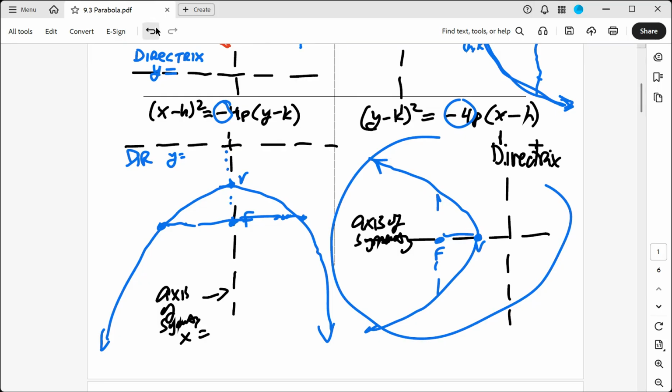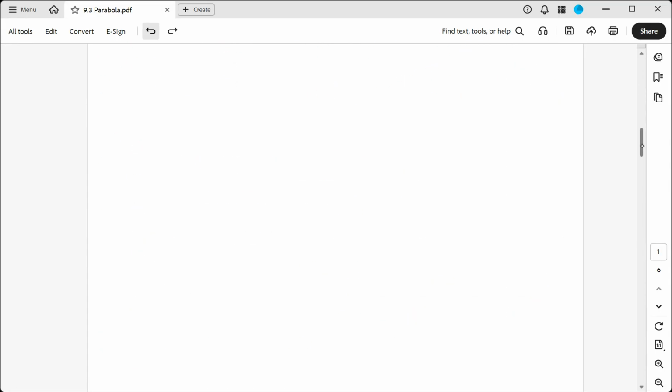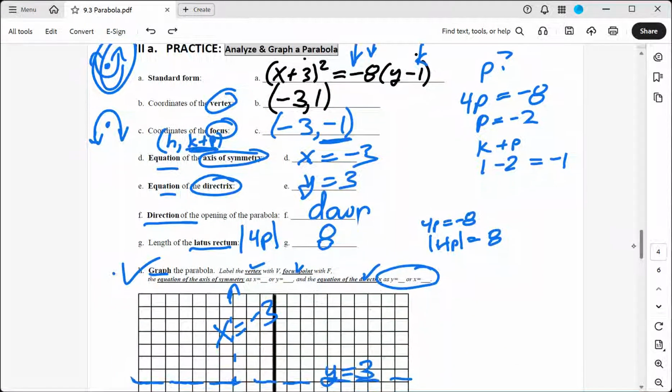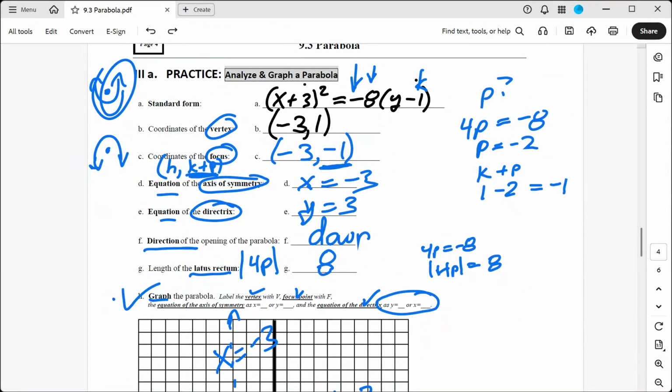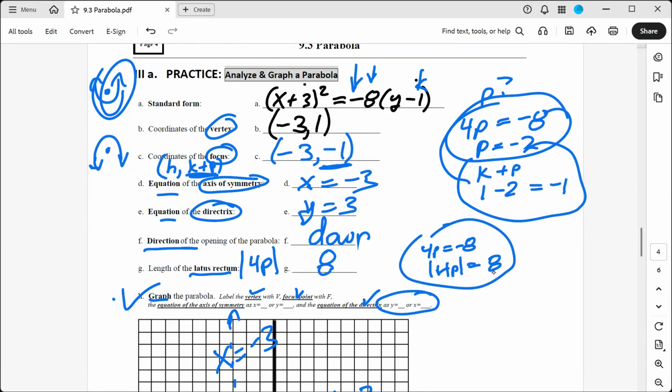All right, let's go back down just to look, as a final thing, at all the information, the way I did it. Did this to find p, and then used p to get the new k, and did this to get the latus rectum amount. Okay.